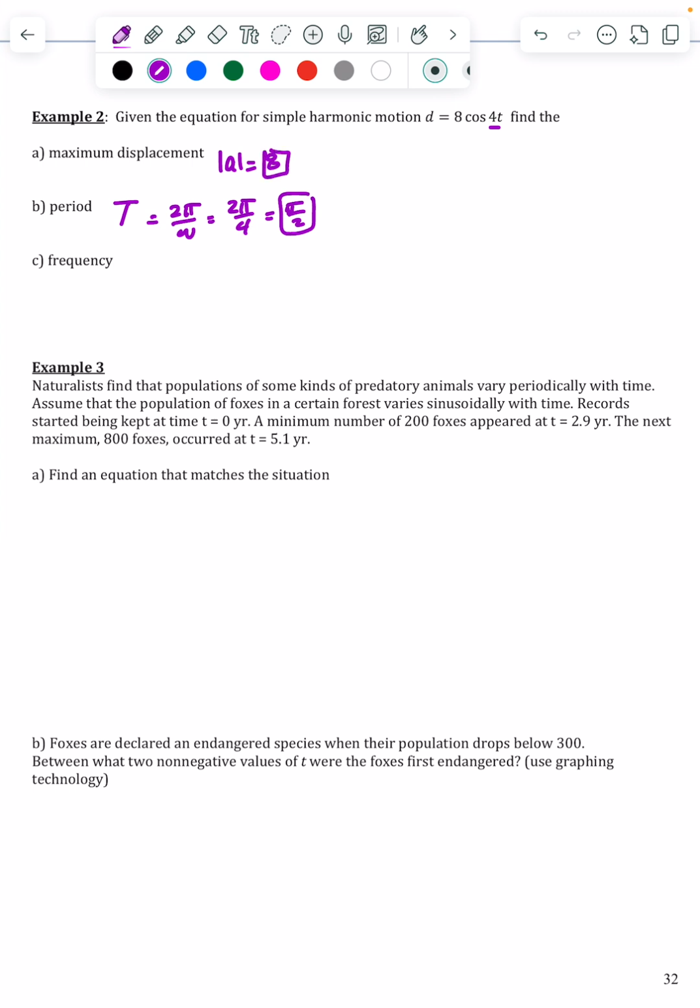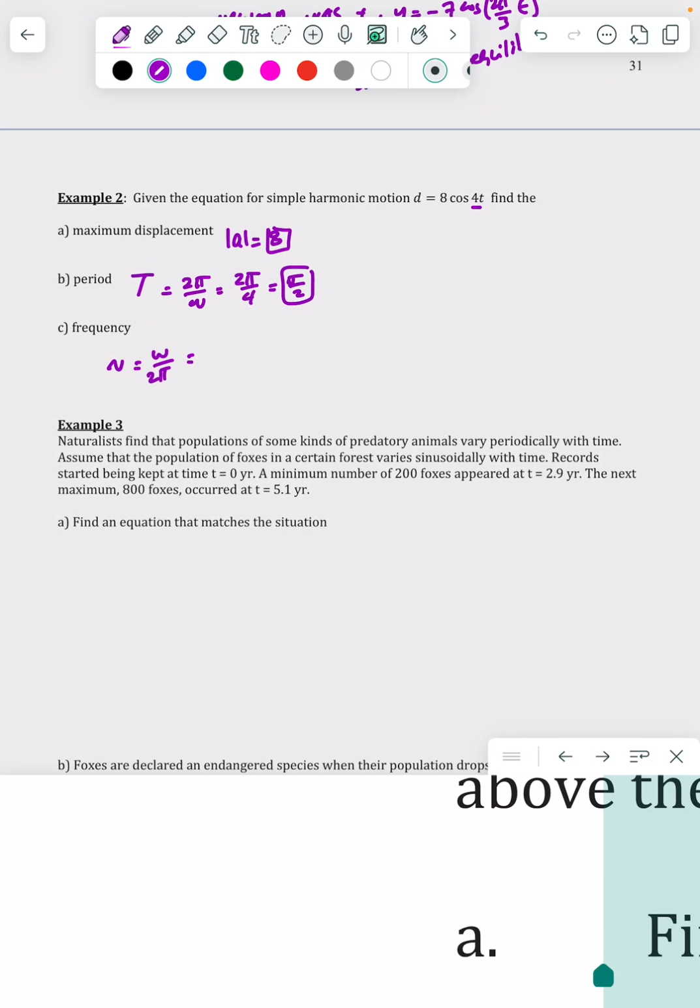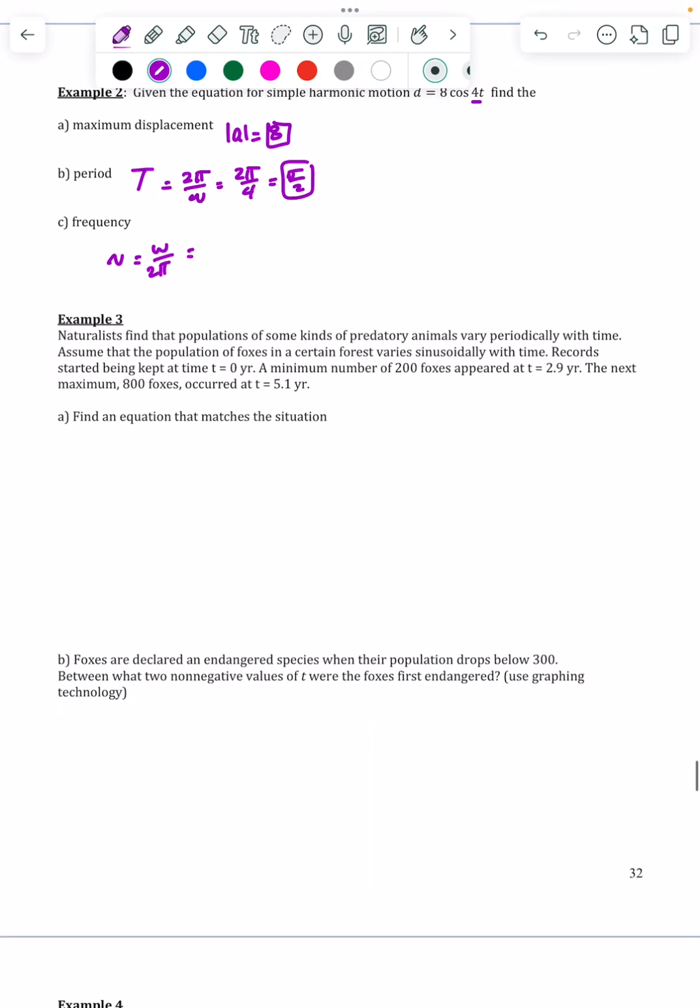And the frequency nu, or f, is omega over 2 pi, the reciprocal of what we just got, or 1 over T, which is 4 over 2 pi, sorry, 2 over pi.